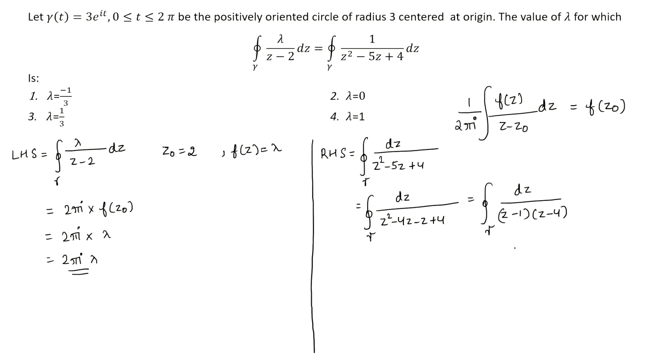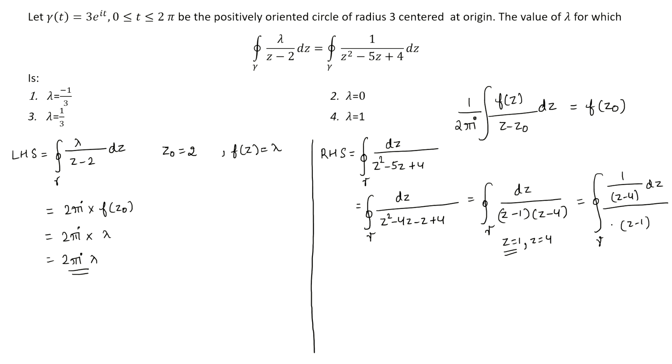Now z equal to 1 and z equal to 4 are the 2 points at which the function is not analytic, and out of these 2 points only z equal to 1 is lying inside the circle, right? It is lying inside gamma. z equal to 4 is not lying inside gamma. So we can write this as integral over gamma 1 by z minus 4 dz by z minus 1, right?